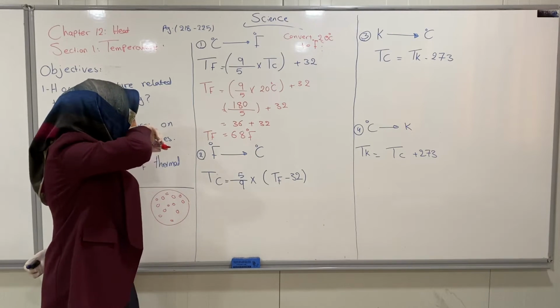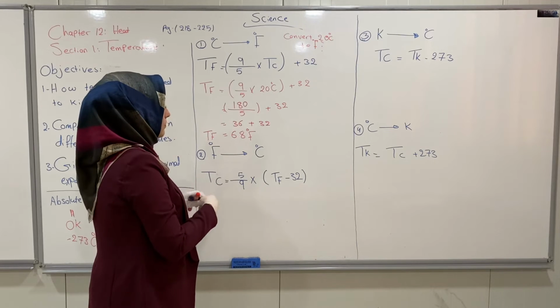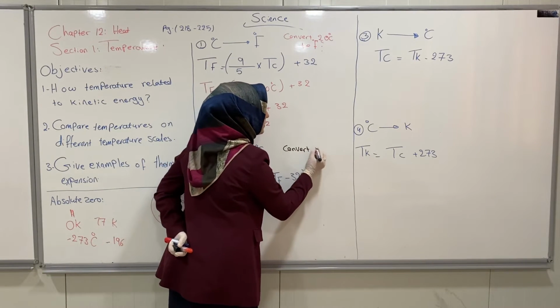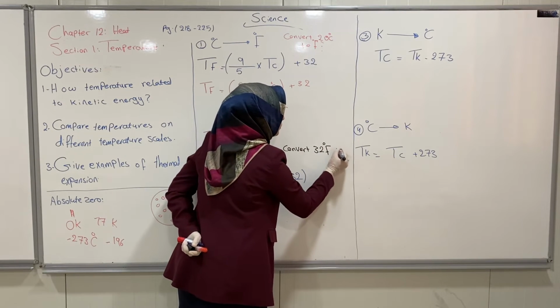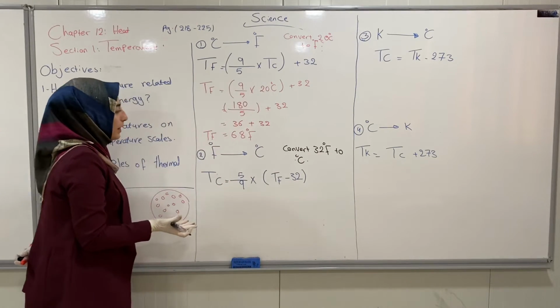Okay? For example, you have to convert 32 degrees Fahrenheit to Celsius. So how can you convert it?